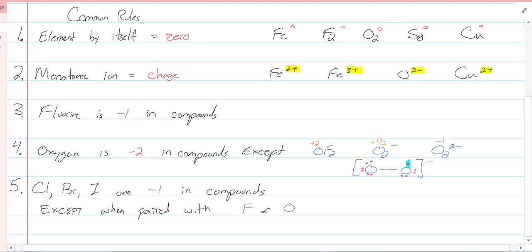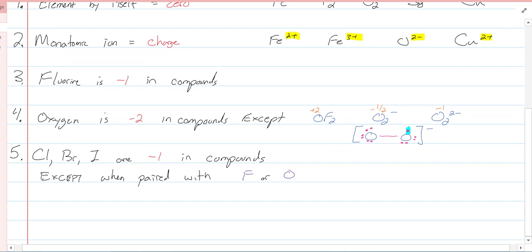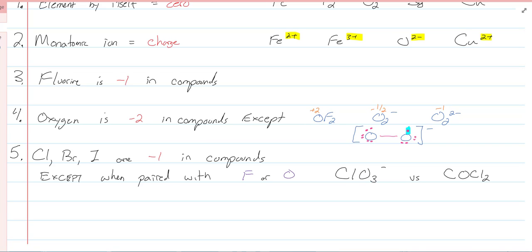So this would be like ClO3- versus COCl2. So ClO3- is going to be +5 because it's paired with oxygen. Oxygen is going to become -2. Chlorine will be +5. Here, for COCl2, chlorine is -1 because carbon's there.